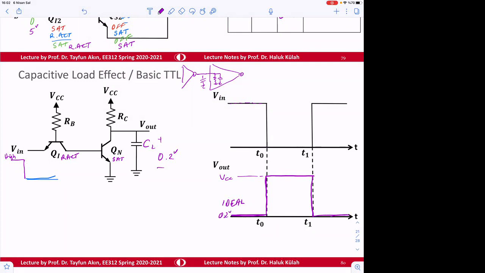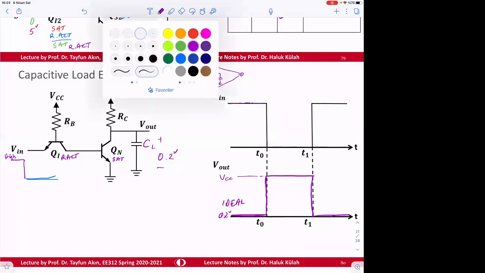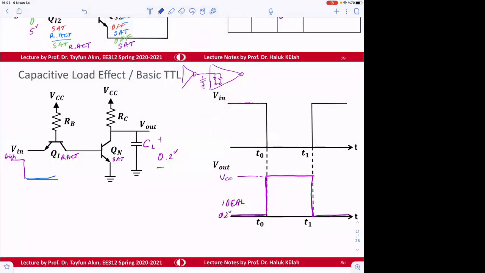However, with that 0.2 volt, what happens if I switch the transistor or the voltage to low voltage, let's say 0 volt or 0.2 volt, doesn't matter? Then this transistor Q1 becomes what?